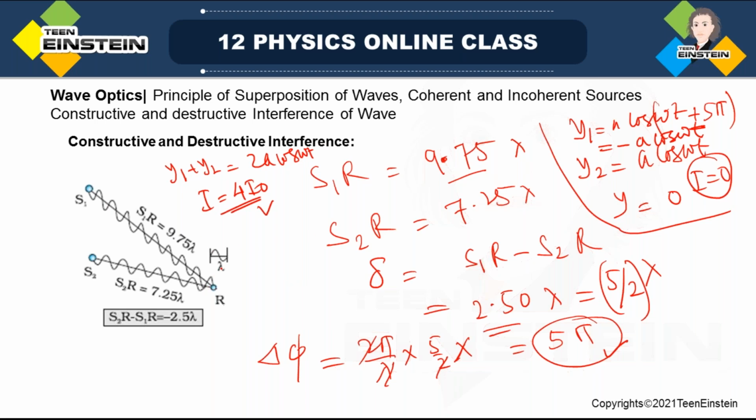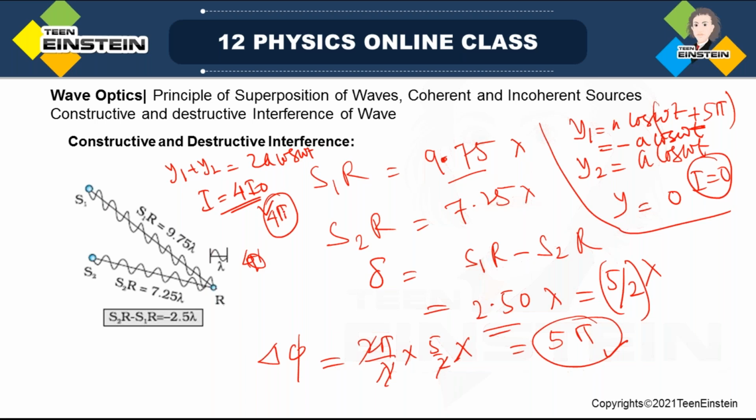So when they meet in phase, when it is actually 4 pi, it was 4 pi earlier. 4 pi means even pi. Even pi means they are meeting in phase. When two waves are meeting in phase, then the intensity will be maximum, and this is called constructive interference.